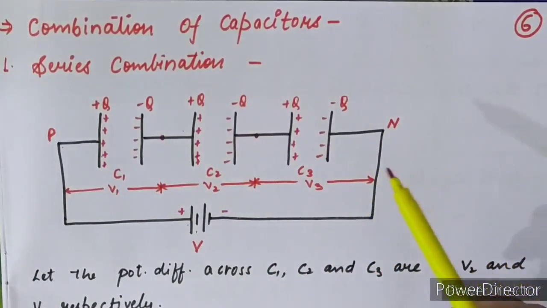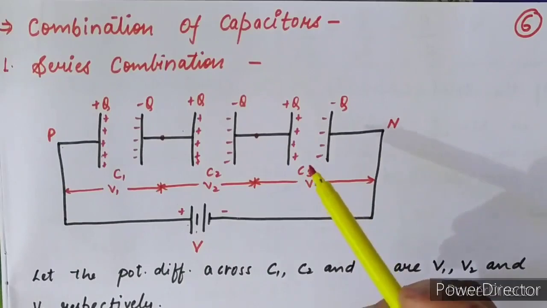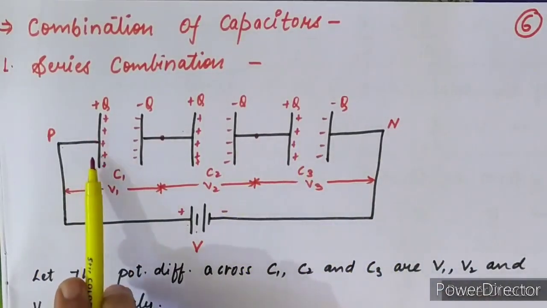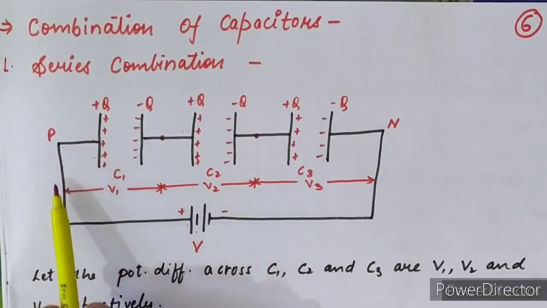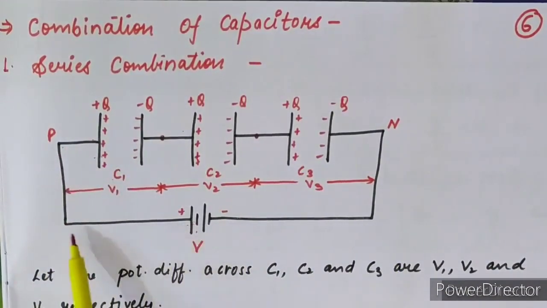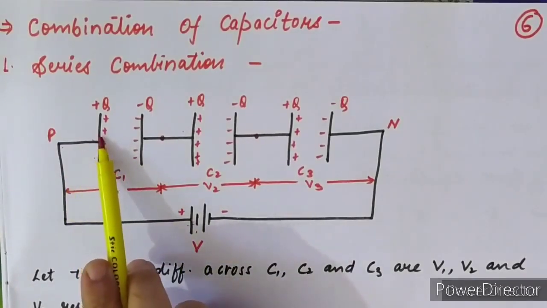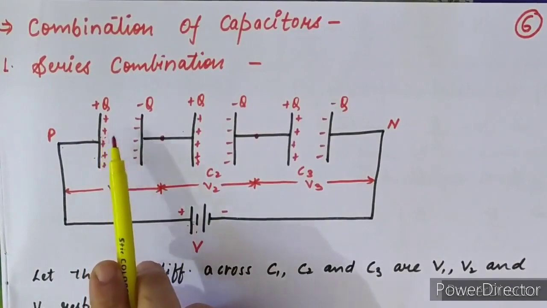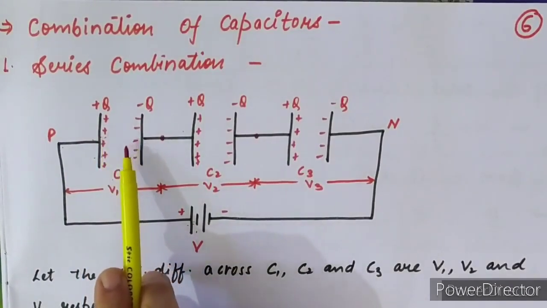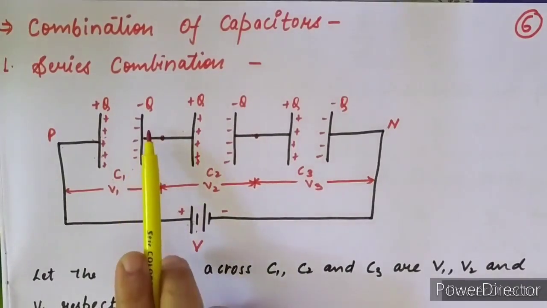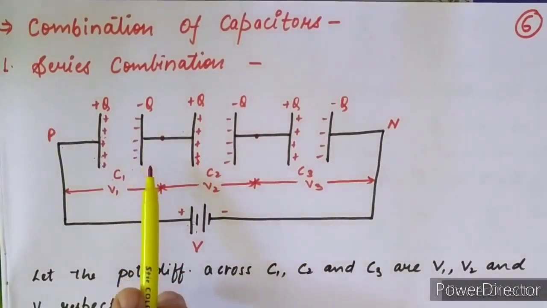Clear? I am again explaining how the charges appear on the plates. The first plate of capacitor C1 is connected with the positive terminal of the battery, so plus Q appears on the first plate. Due to electrostatic induction, minus Q charge is present on the inner face of the second plate of capacitor C1. It means the plus Q charge is on the outer portion.